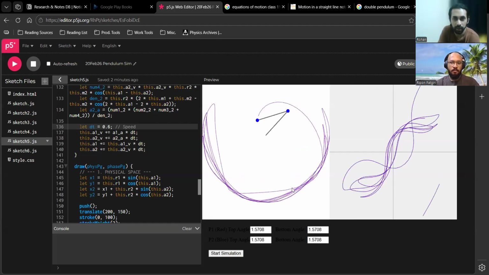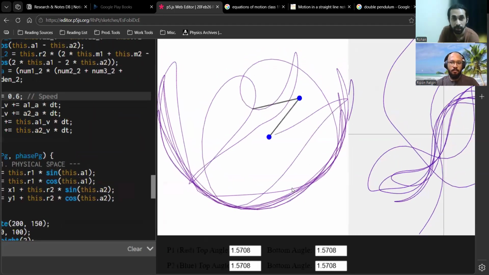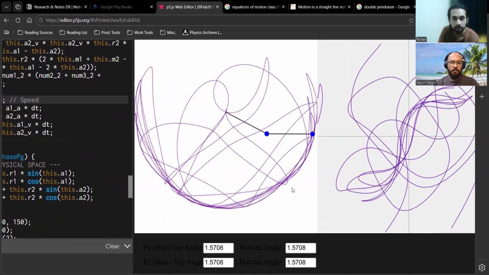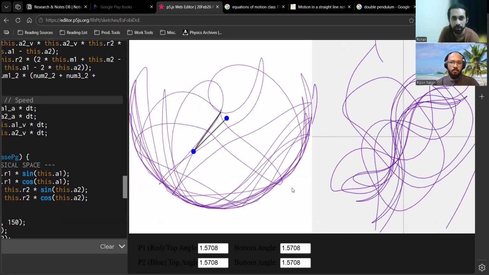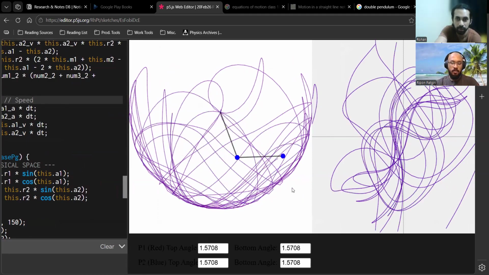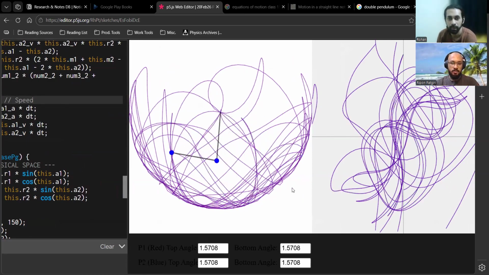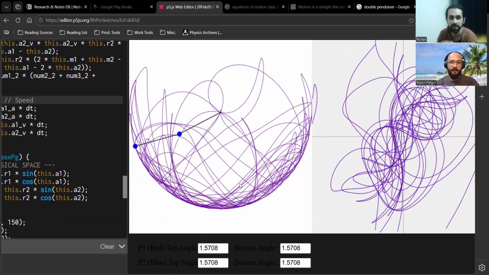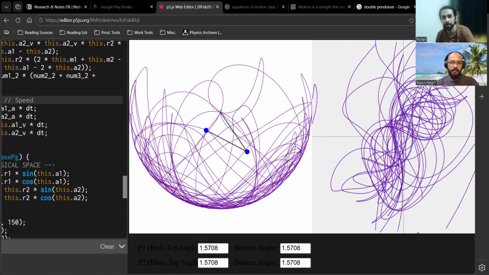You can only see one line actually. There is a red one as well, but you can't see it. About what? This whole thing that's going on here. You're saying there are two pendulums? Yeah, two double pendulums, but you are only seeing one because both of them are moving in exactly the same way.